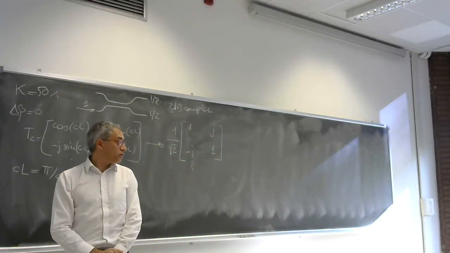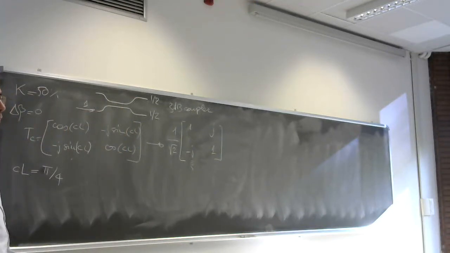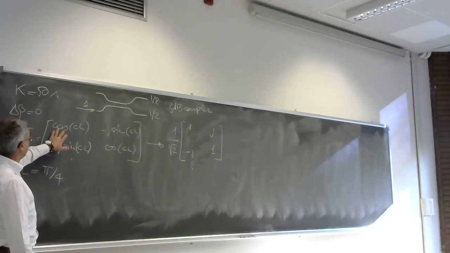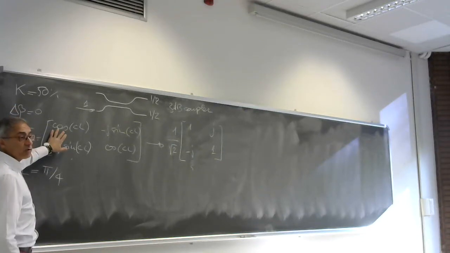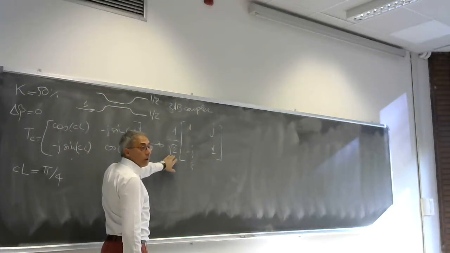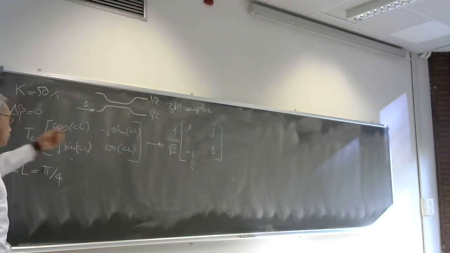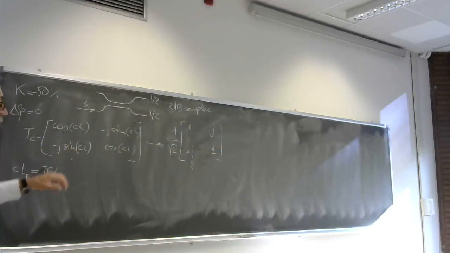Where is the j? CL is pi over 4, because pi over 4 means a cosine of 1 over square root of 2 that I wrote here, and also the sine is 1 over square root of 2, so I put the 1 over square root of 2 outside, and inside we have this.